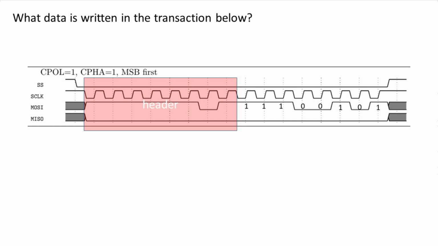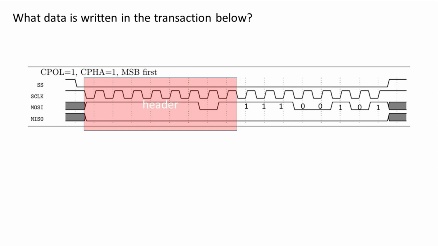CPOL and CPHA. If they're both 1, then the data is read starting on the second edge of the clock. So the rising edge, right? The first edge is falling, the second edge is rising. So if you look at the rising edge and count off 1, 2, 3, 4, 5, 6, 7, 8, then the 9th one is right here, and that's where I've placed that 1 bit, right on the rising edge of the clock.